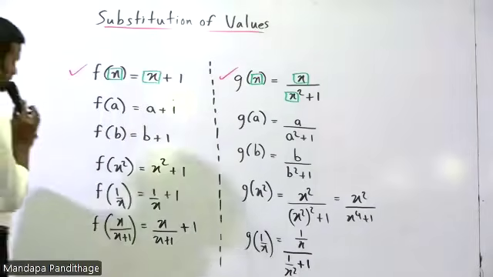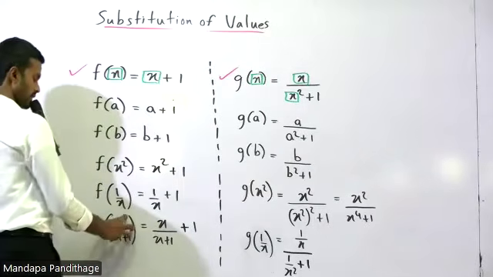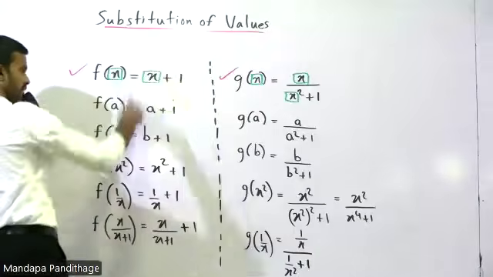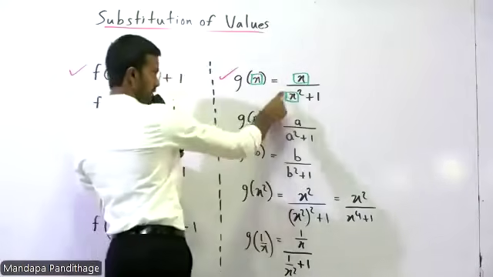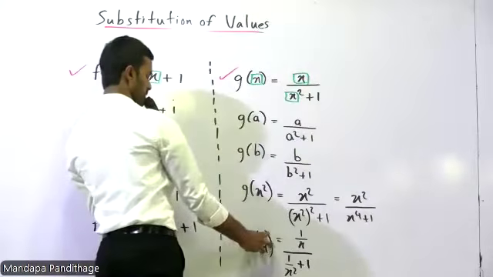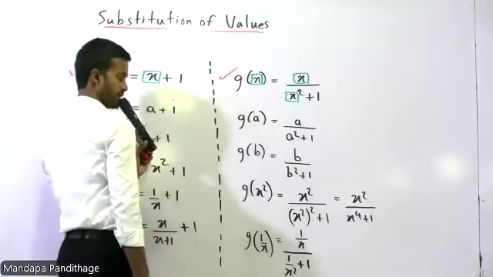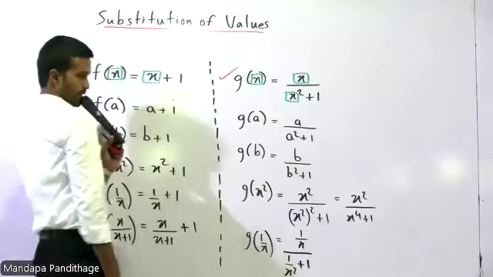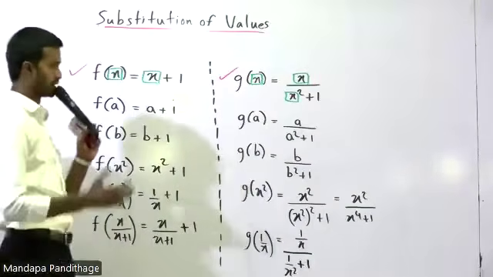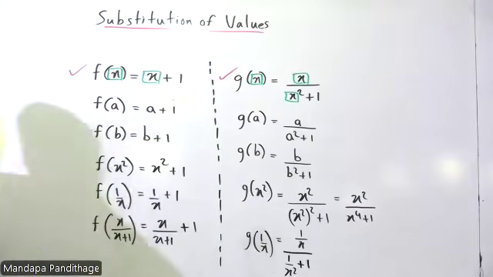Again, I'm telling you, whatever you have written here, it should be replaced in every x. Here it's clear. We have 2x, we have x in two places. So when you replace this, it should become here and even here. Clear?